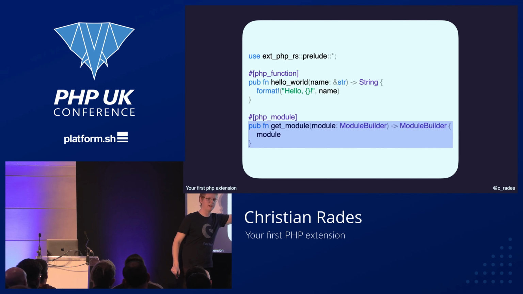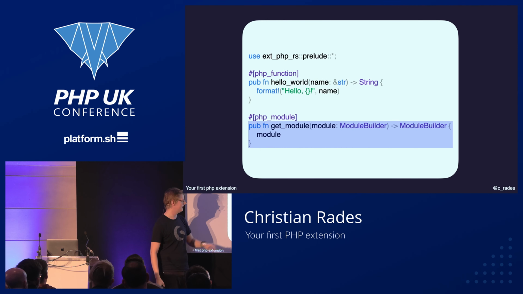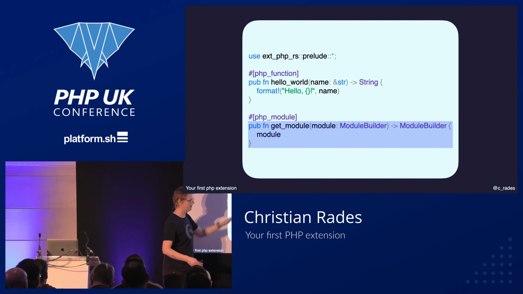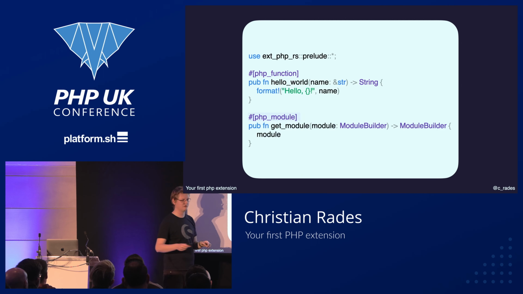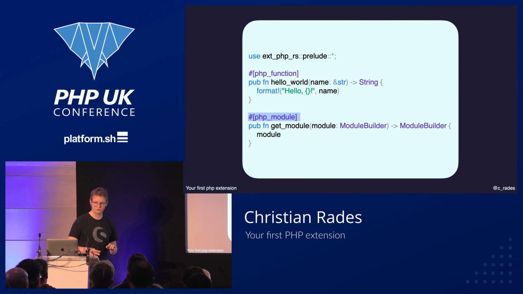It takes a module builder, and then you can modify the builder with things like different names, different class entries, etc., and return the module builder, so that the PHP extension Rust crate will create a proper extension from that. Then we just annotate it with the php_module attribute so that the compilation step knows which function to evaluate for that. Okay, that was quite a sprint.